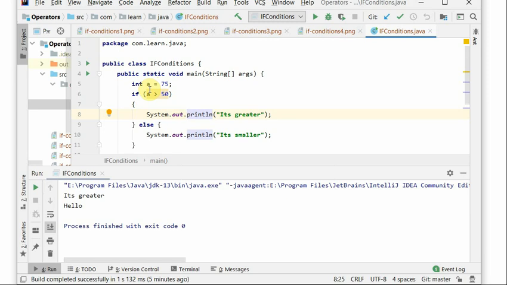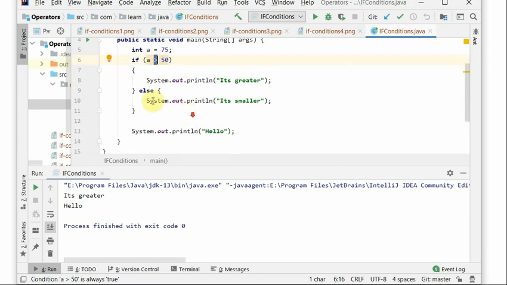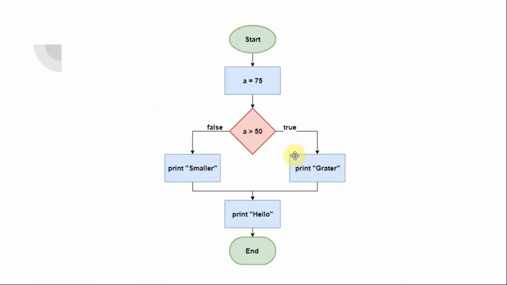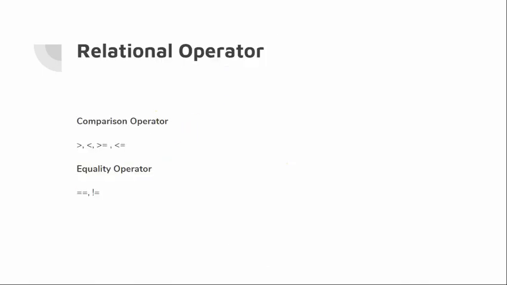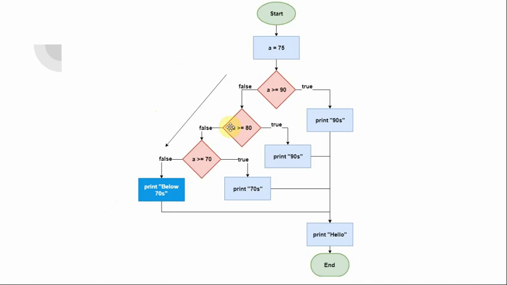Here I am comparing: if it's greater than 50 it will fall in this branch, otherwise it will go to this branch. Okay, let's look at a bit more complex example where we start with the program and check if the value is greater than or equal to 90. If that's true, we print 90s and then go straight to hello. Otherwise, if it's false, we go in this direction because we want multiple conditions.